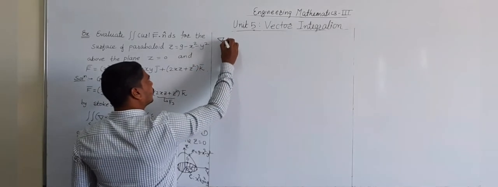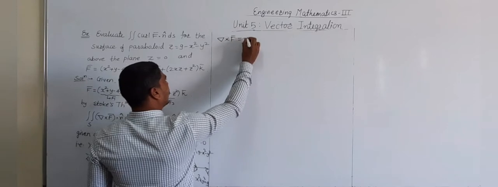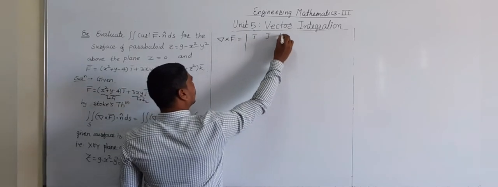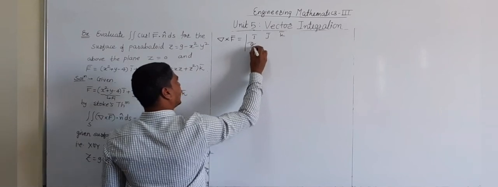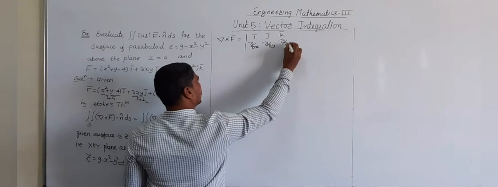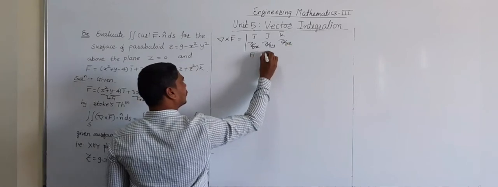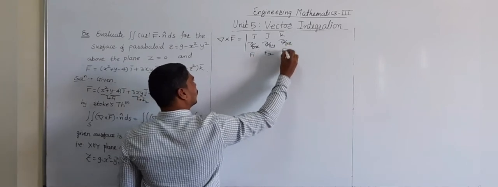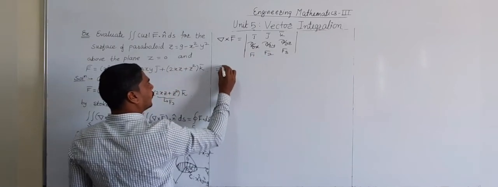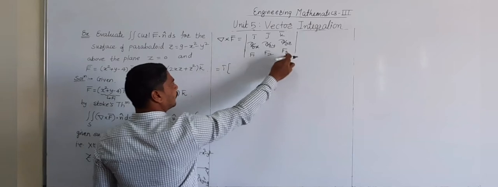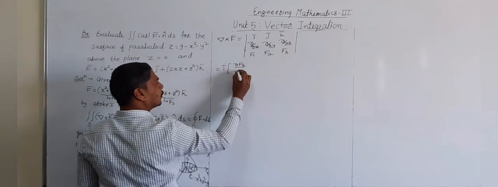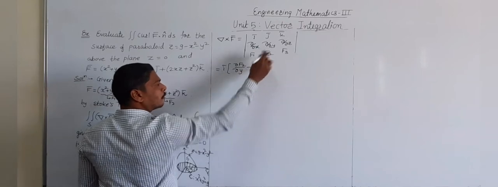So del cross f bar is equal to, by our definition, the determinant with i bar, j bar, k bar; del by del x, del by del y, del by del z; then f1, f2, f3. So this is equal to i bar into bracket partial derivative of f3 with respect to y. All of us know how to find a 3 by 3 determinant.